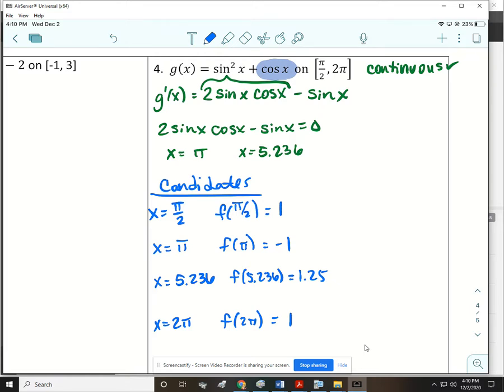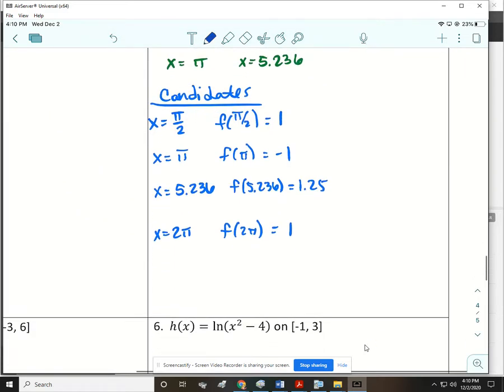Okay, now let's make sure we answer the question that it's asking. And it didn't ask where do the absolute extrema live. It asked what are they. So the absolute maximum that this graph g gets to is the y value of 1.25.